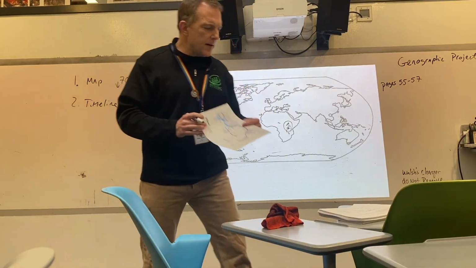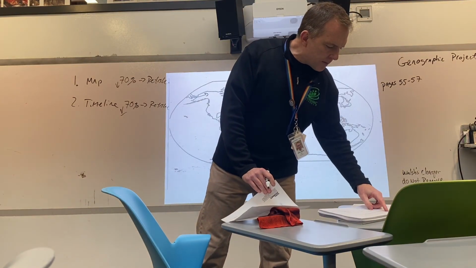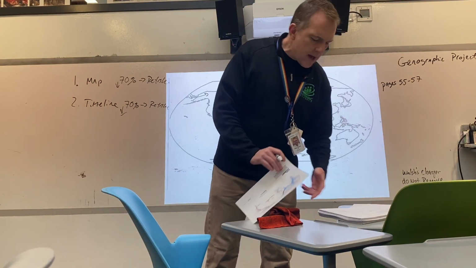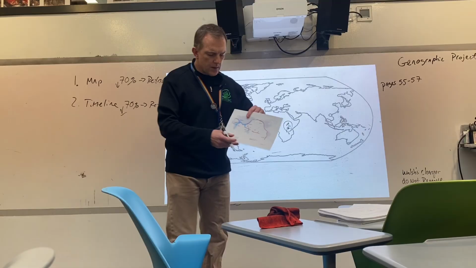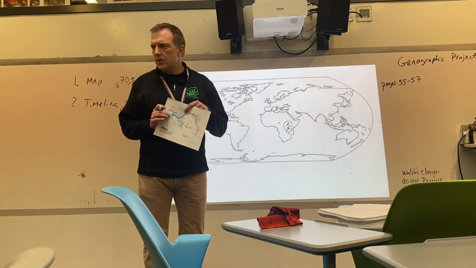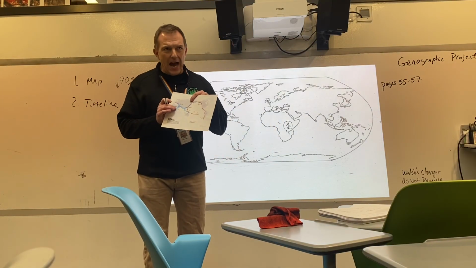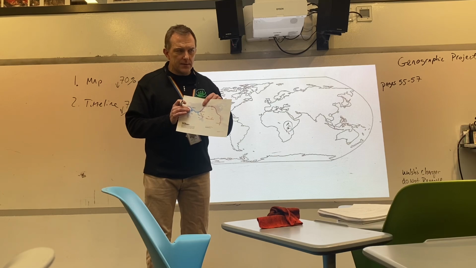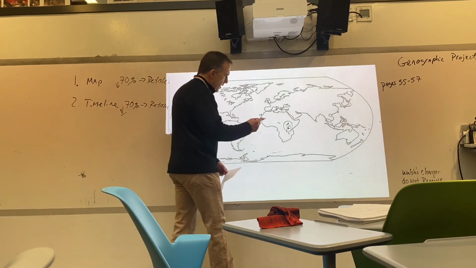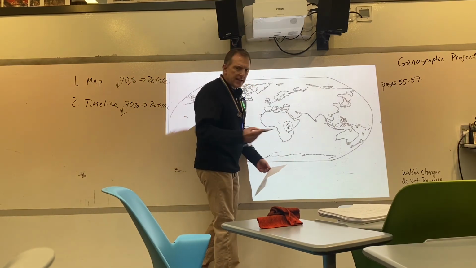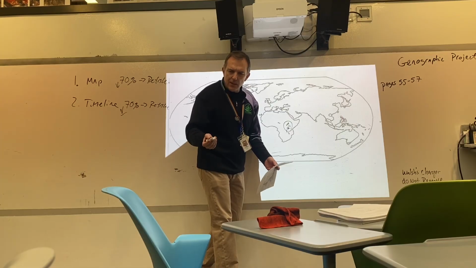Okay? And then the next one says, draw an arrow to the first place of human migration and label it with the 2. Well, the first place of human migration is out of Africa into the Middle East. So I draw my arrow, stay on land as much as you can.